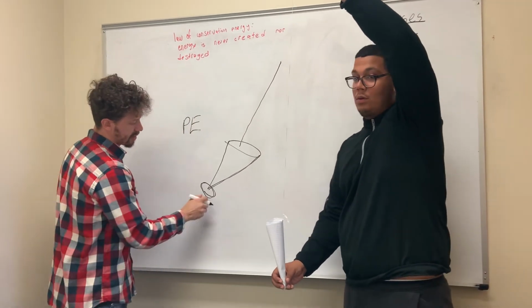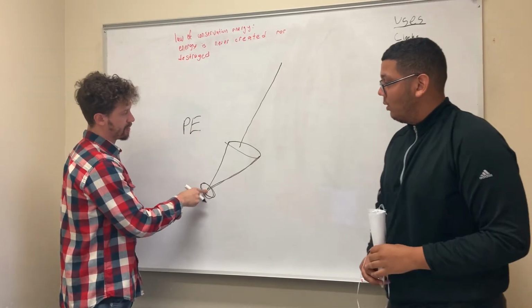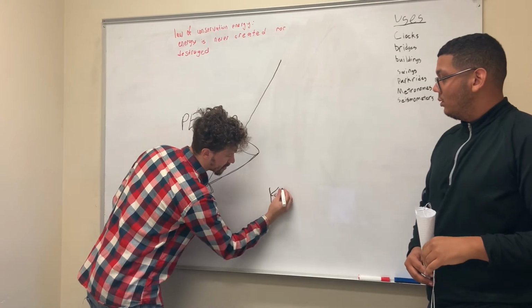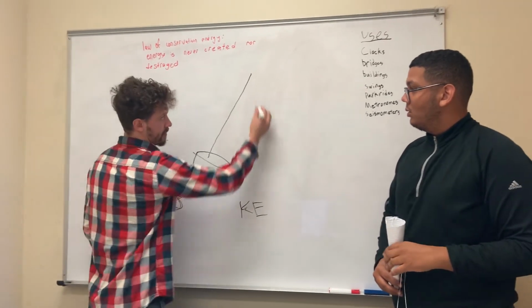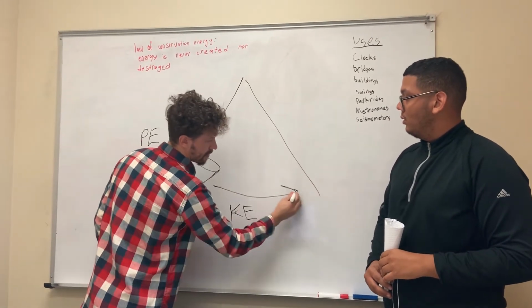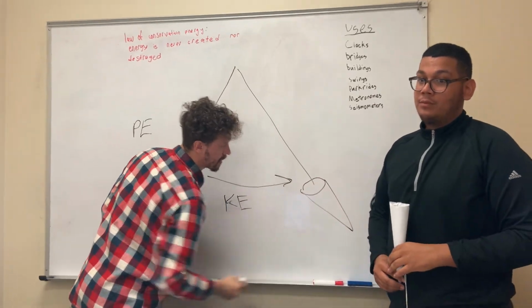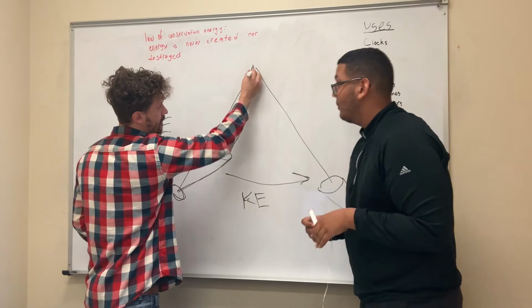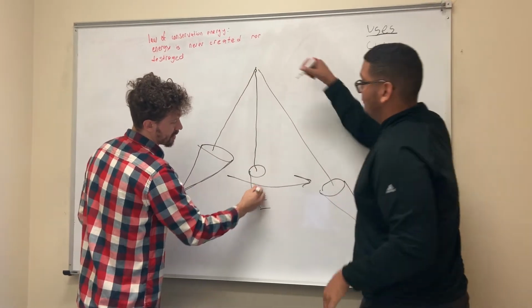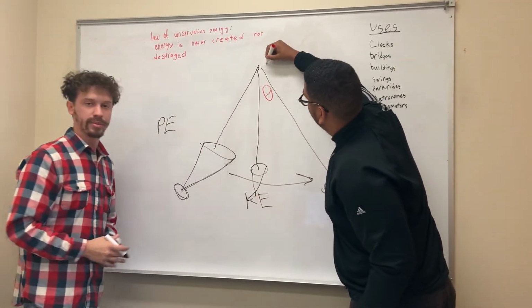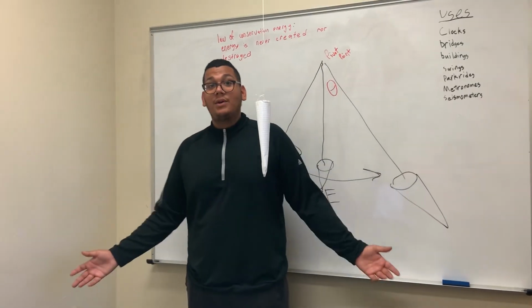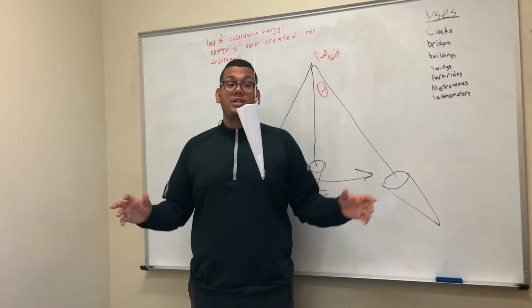Once it's released, we will never reach this peak point again because energy will be dissipated in the form of kinetic energy. Eventually, the kinetic energy is dissipated, and our pendulum will reach equilibrium, where it will no longer be oscillating back and forth.